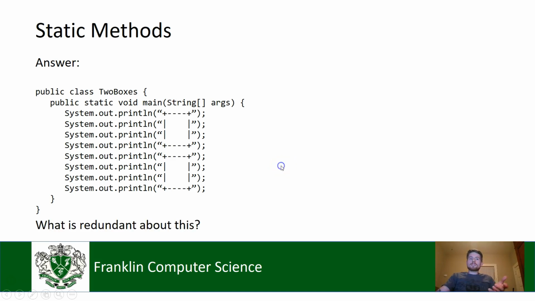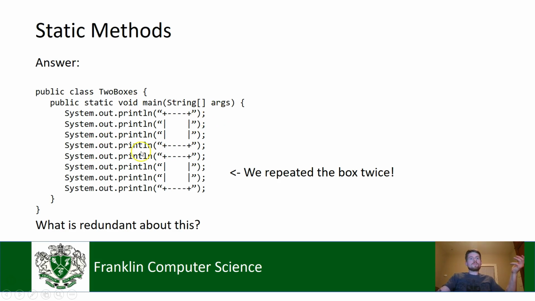Thoughts, observations. What is redundant about this? Redundant meaning, what are we repeating? What seems unnecessary? Well, we repeated this 4-line chunk of code, right? The plus, dashes, plus, then the middle lines with spaces, then plus, dashes, plus.